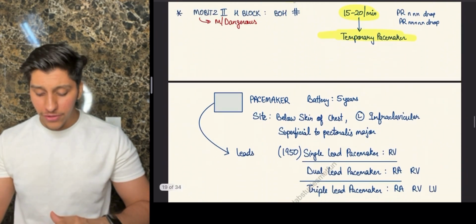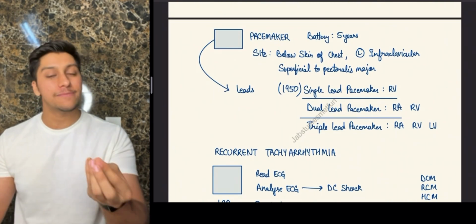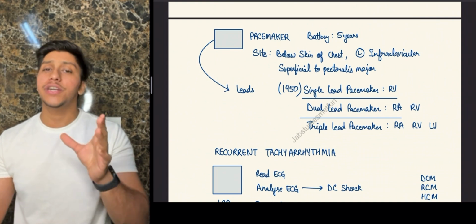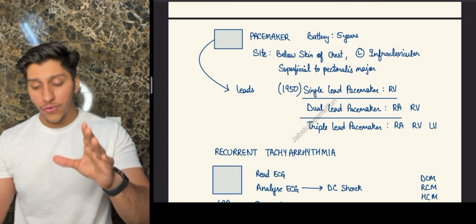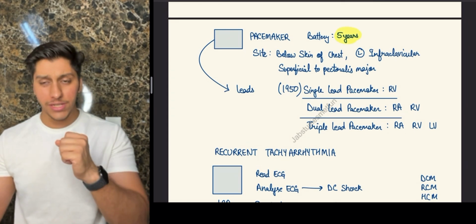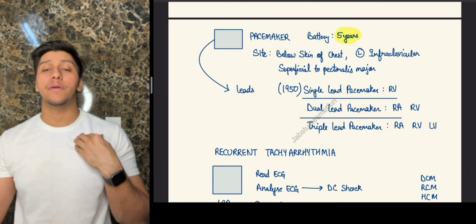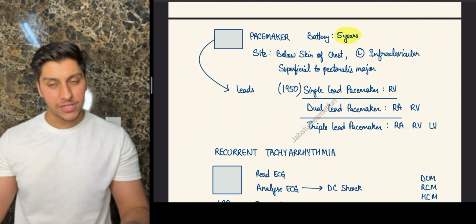If we talk about the difference between a pacemaker and an ICD, a pacemaker means to increase the pace. So any condition of bradycardia like heart blocks, you're going to use a pacemaker. Now first you need to know the battery of the pacemaker is going to last 5 years. What is the location? The location is going to be below the skin at the left clavicular side, just above the pectoralis major muscle.